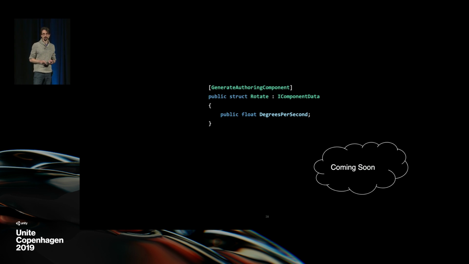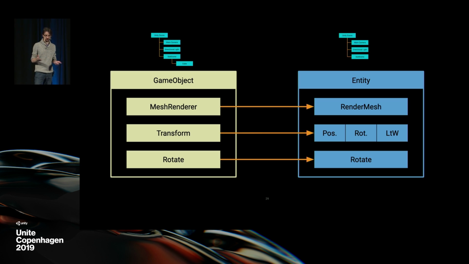If you have this component, this attribute, though, you can just have this. The component will simply generate an authoring component that you can attach to the GameObject, and so the same data will just carry over to entities. Good. But in this case, you would have the rotation component designed for editing, so in a representation which is easy for just the content creator to reason about, let's say degrees.